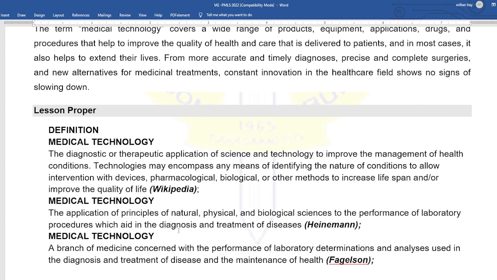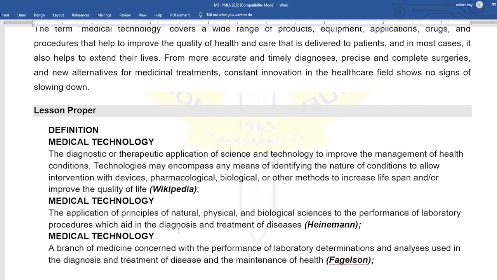So for the definition of Heinemann, this is about the application of principles of natural, physical, and biological sciences to the performance of laboratory procedure which aid in the diagnosis and treatment of diseases. So it's almost the same, but it is simpler as compared to the definition of Wikipedia.